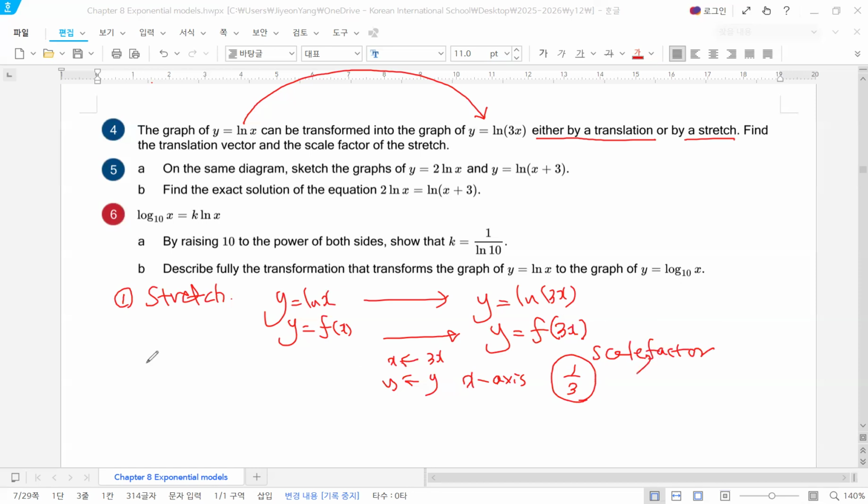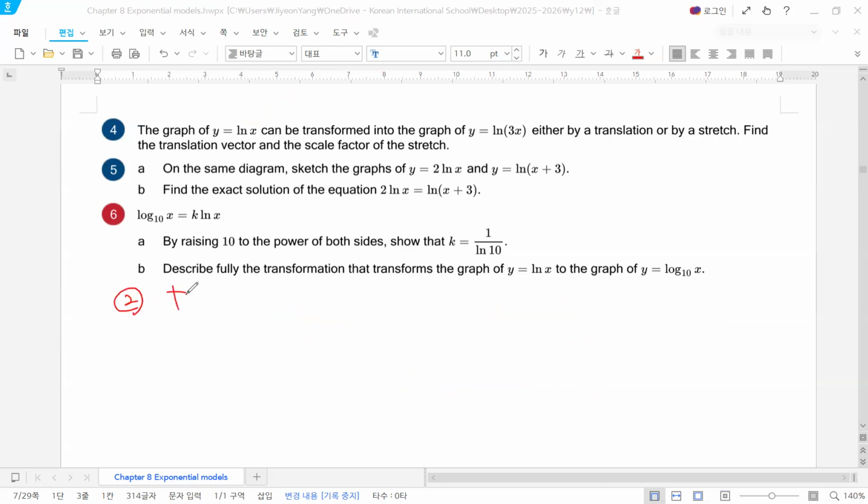This is an interpretation as a stretch, but it can also be interpreted as a translation. y = ln x to y = ln 3x. Students, 3 and x, what's the operation between 3 and x? Multiplication, right? So you can separate it using the log law, which is ln 3 + ln x.